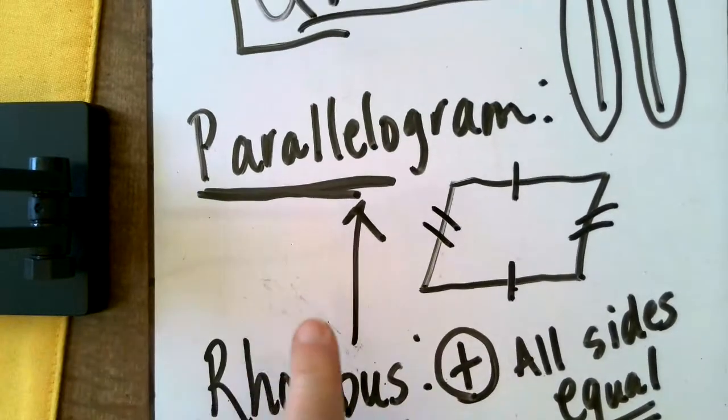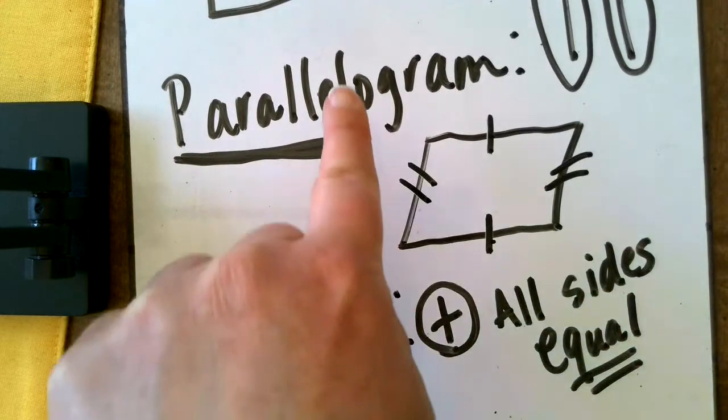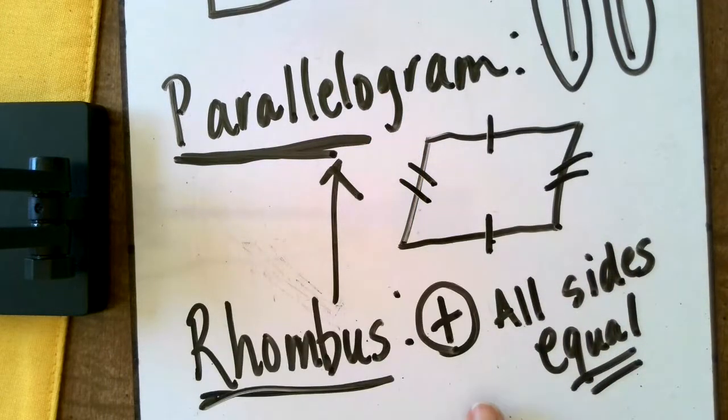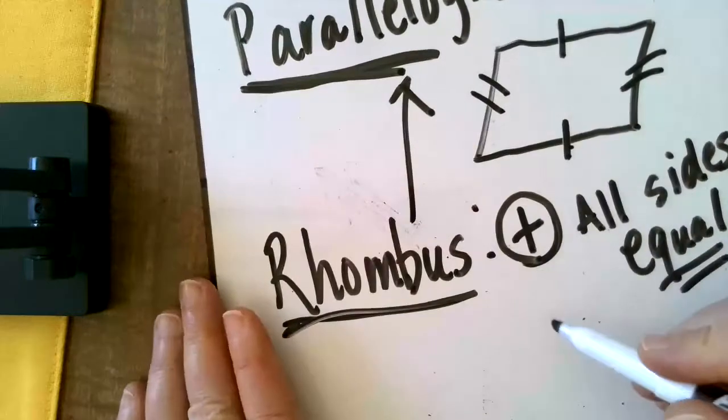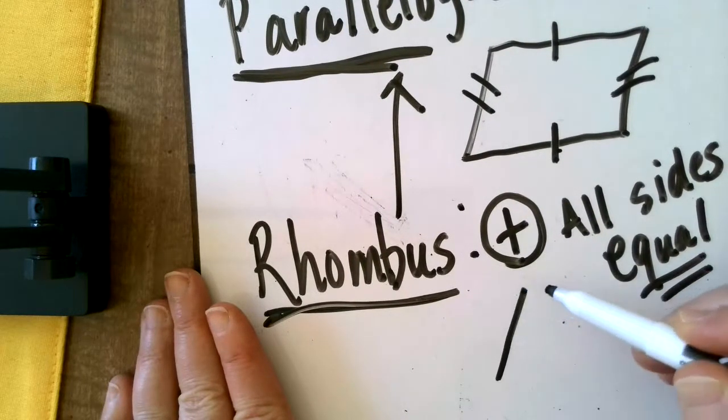So a parallelogram just has 2 sets of parallel sides. A rhombus has 2 sets of parallel sides, plus all sides are equal. So I'm going to attempt to draw a rhombus here.